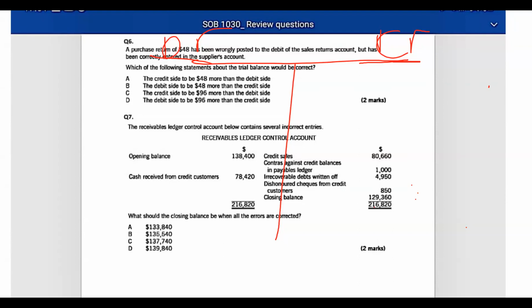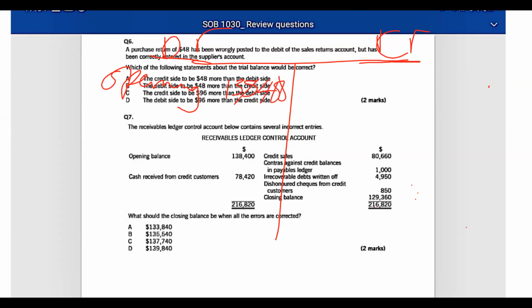What about others? Okay, so with the receivables control account, the opening balance, or what you usually call the balance brought down, is on the debit side. So you have 138,400, isn't it?